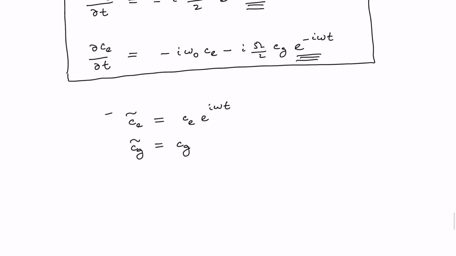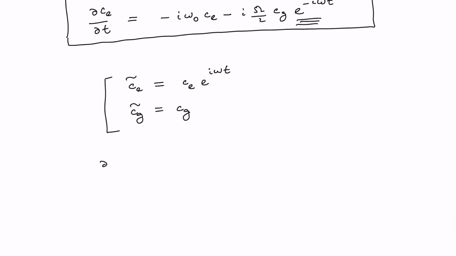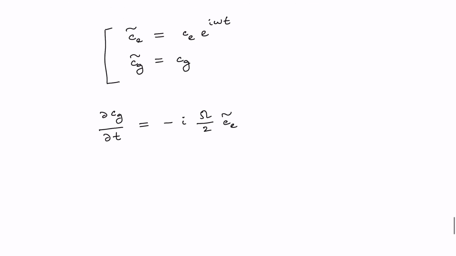Using this transformation we can rewrite the equations of motion as follows. It's very simple to get this set of coupled differential equations in the rotating frame of the laser field. It is ∂Cg/∂t equal to i Ω/2 Ce tilde, and ∂Ce tilde/∂t equal to i Δ Ce tilde minus i Ω/2 Cg.